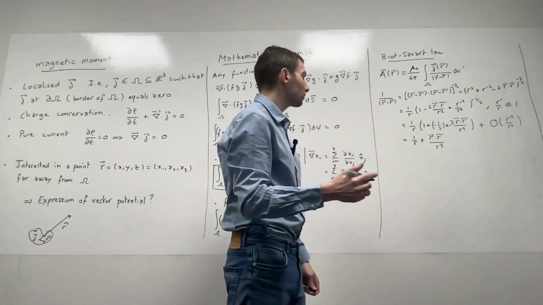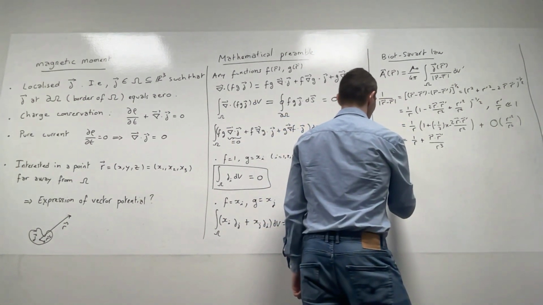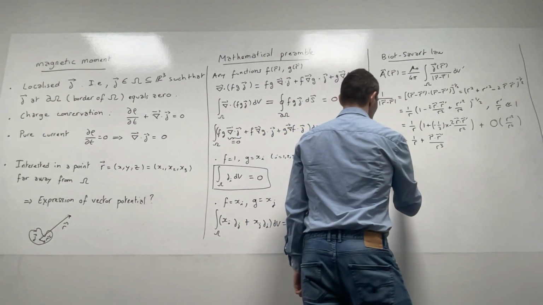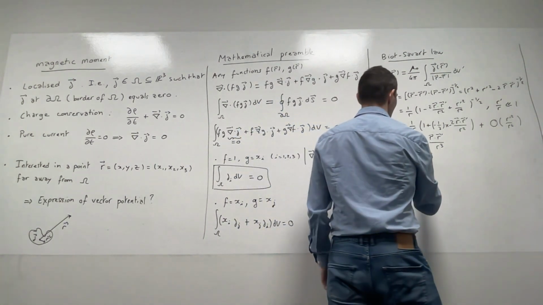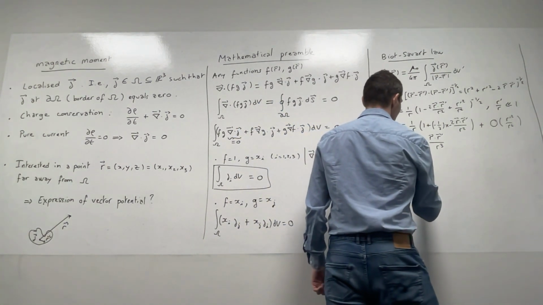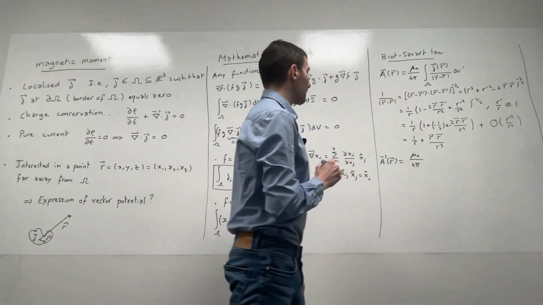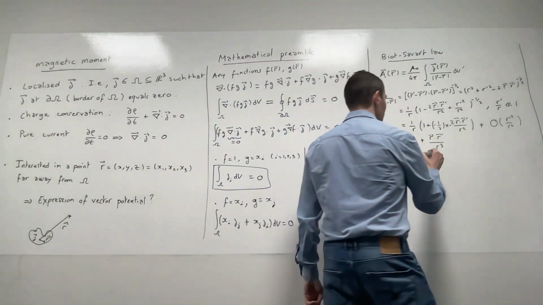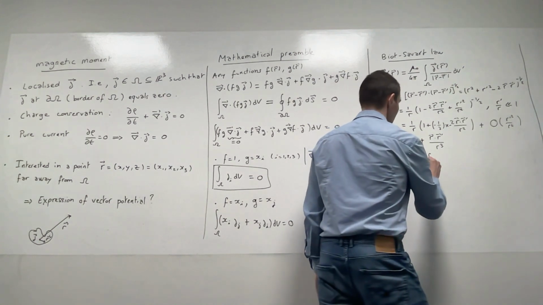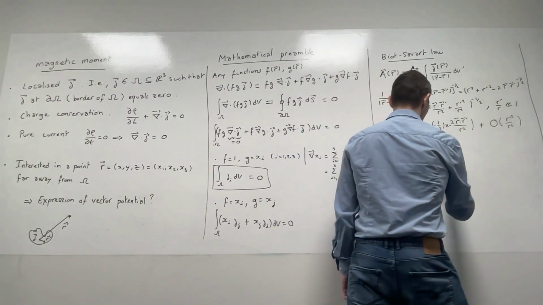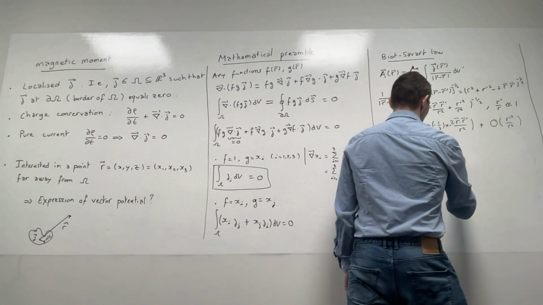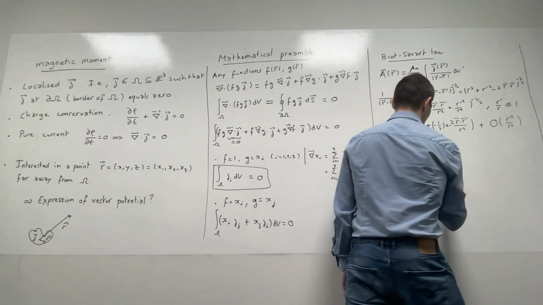And now what we can say is that A of r is going to be equal to mu naught over 4 pi, and then the integral, over r, so that's the first term, with j of r prime dv prime over omega.